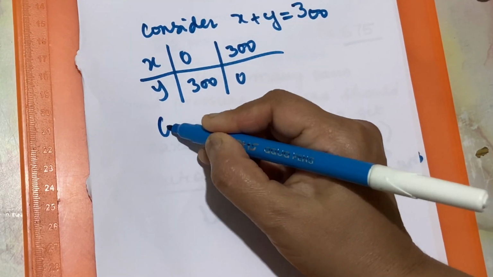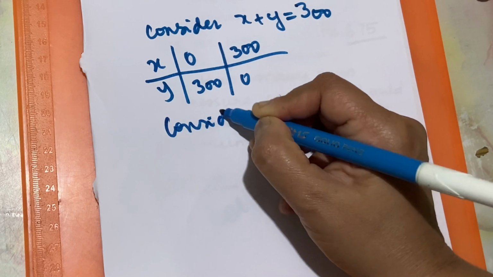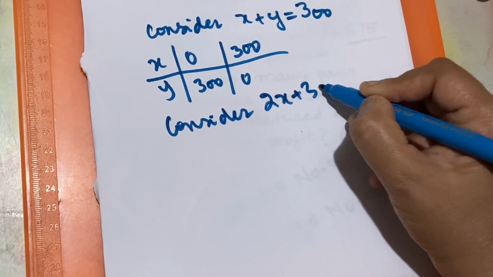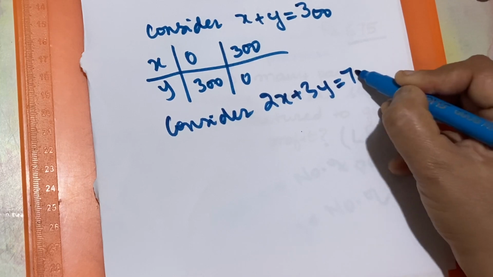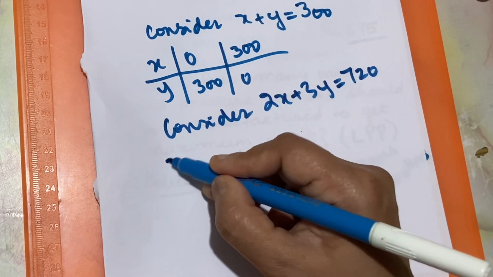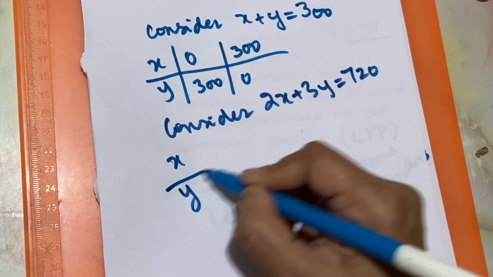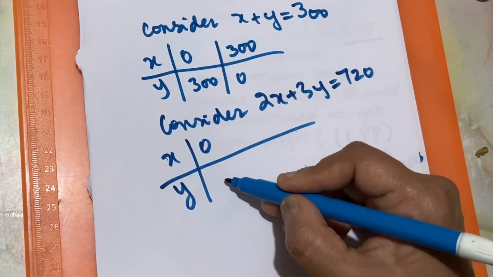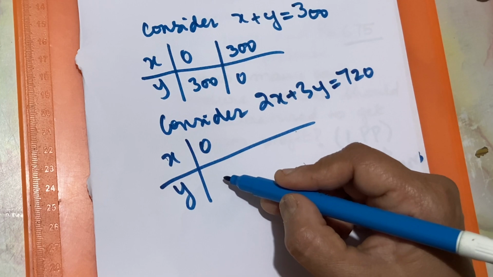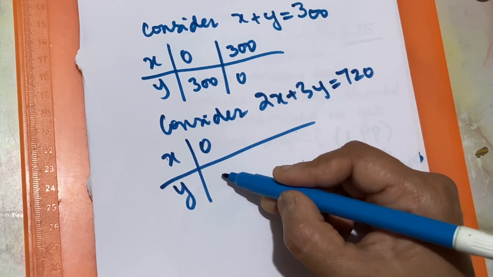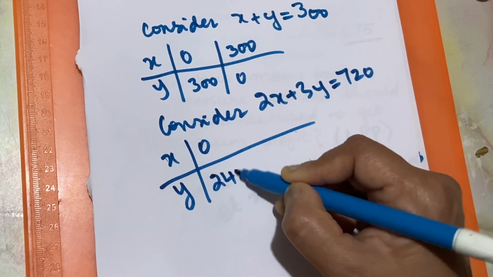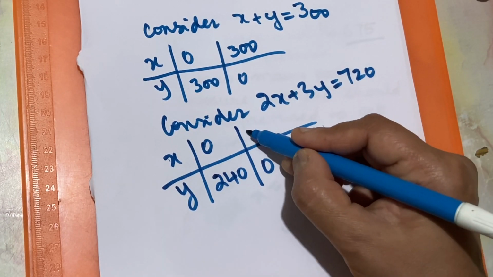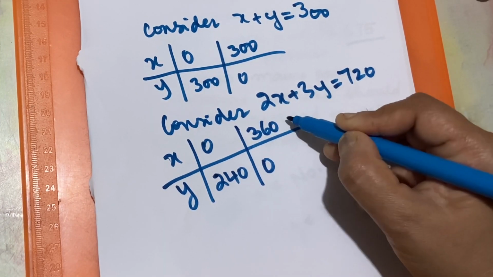Now consider another equation. 2x plus 3y equal to 720. For this we will find out different values. When x is 0, y becomes 720 by 3, that is 240. When y becomes 0, x becomes 360.